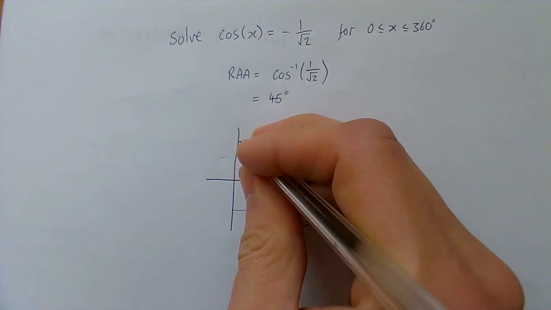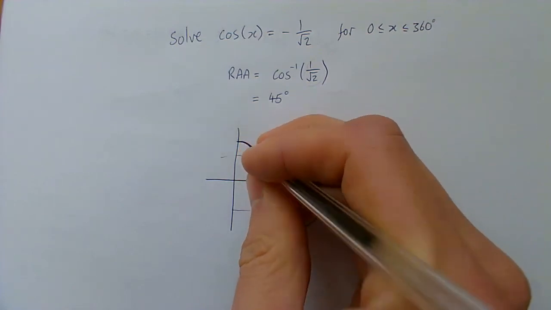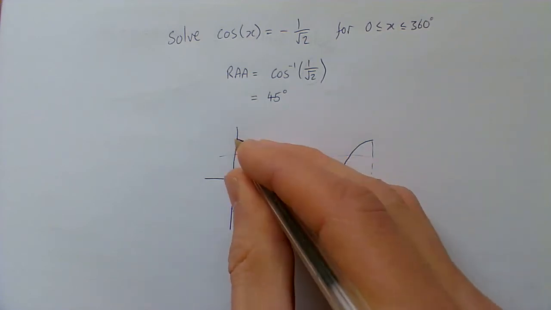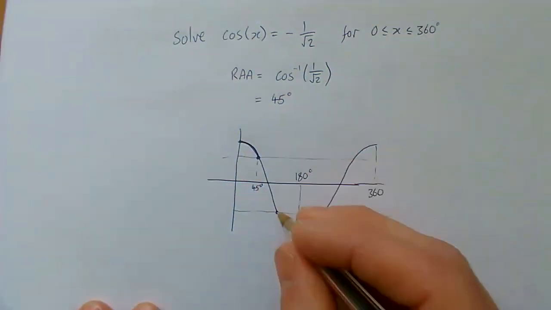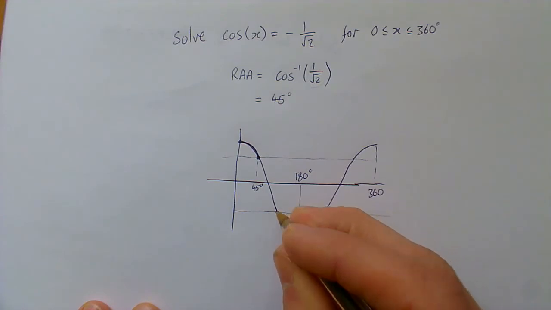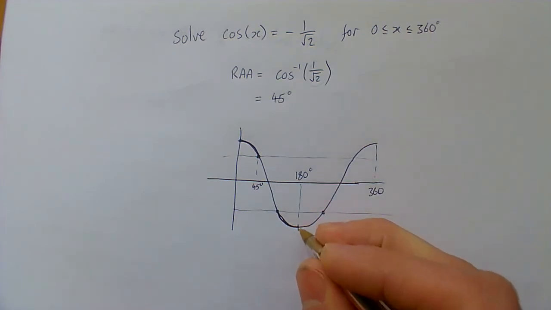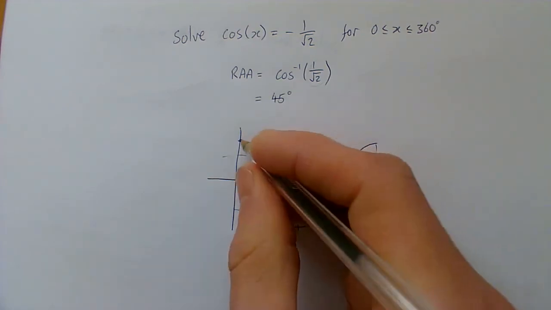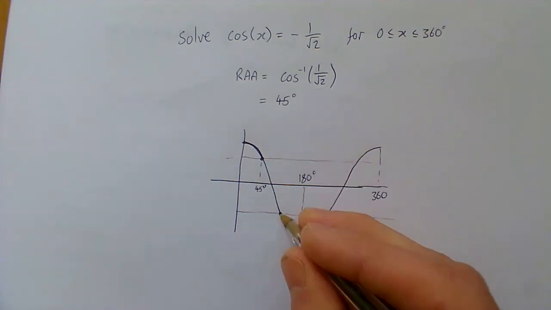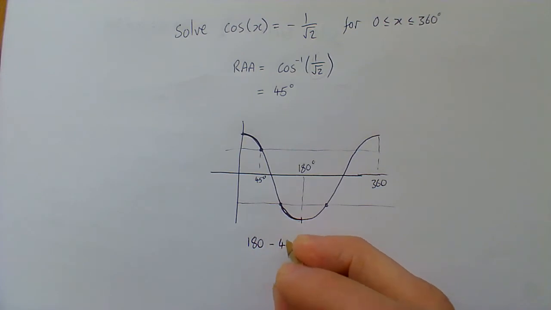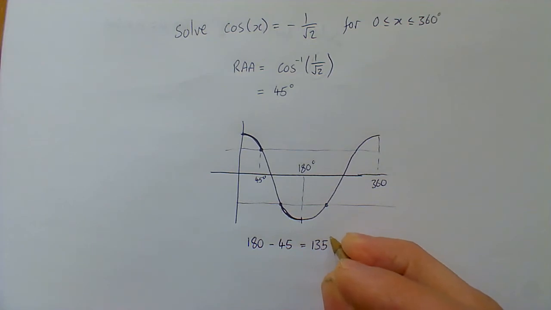Now I'm looking at that bit of graph there and trying to match it up to thinking about this value. Well, this bit of graph there, if I can flip that first section of the graph around, hopefully you can see that matches with that first section of the graph there. Using that, I can see I need to do 180, and instead of doing plus 45 like I did here, I need to take 45 away. So I'm doing 180, take away 45. That leaves me with 135 degrees.